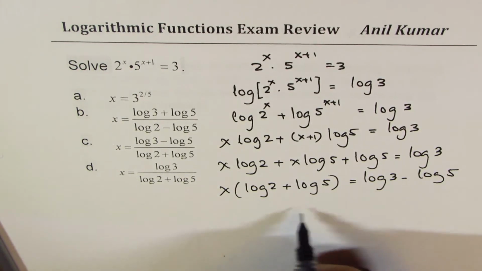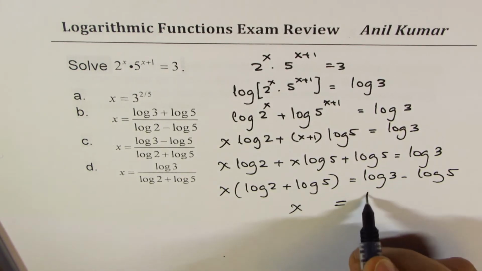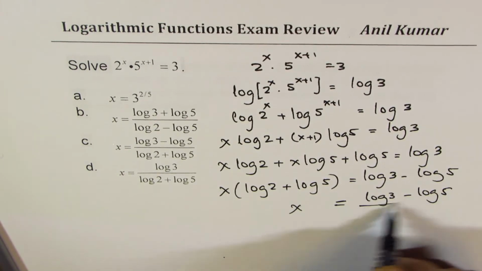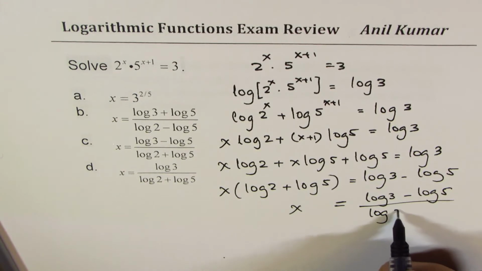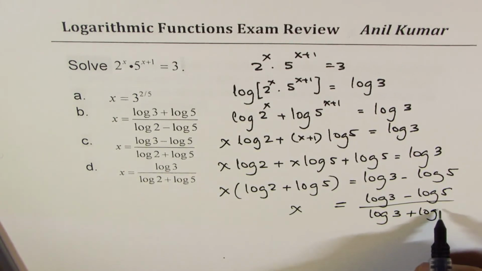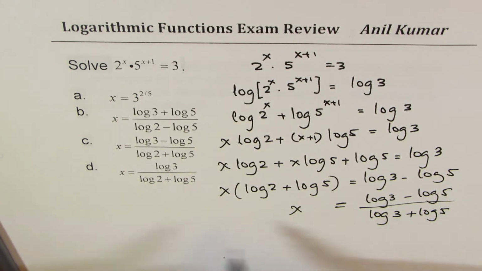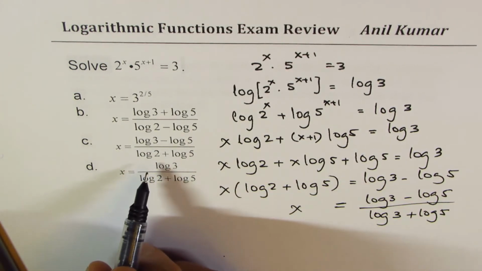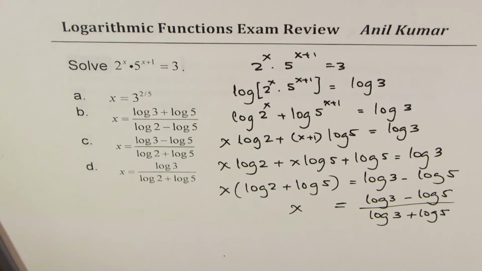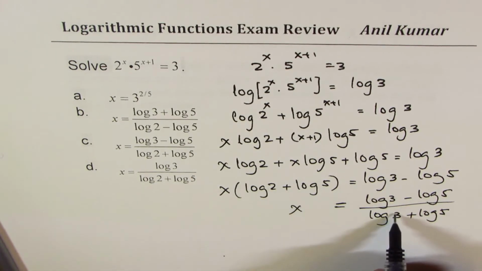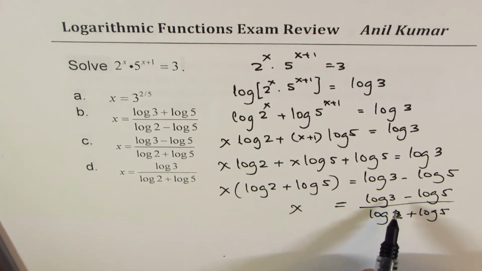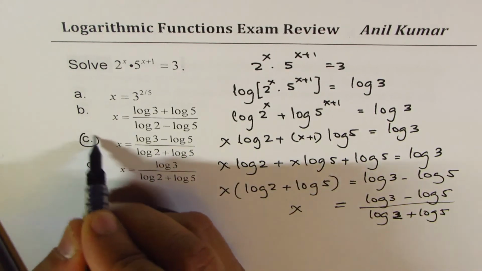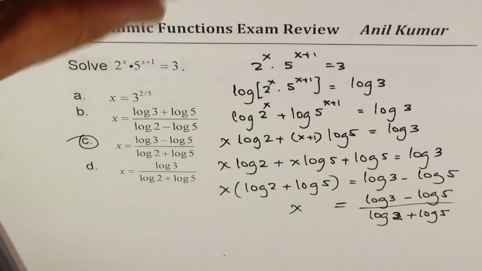Is it okay? So we get x equal to (log of 3 minus log 5) over (log of 2 plus log 5). So log of 3 minus log of 5 over log of 2 plus log of 5, option C is the right option.